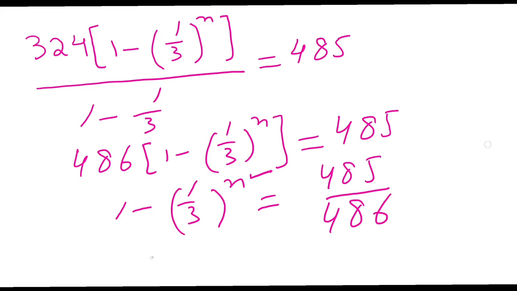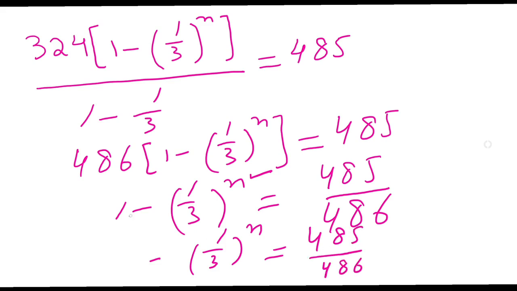So first of all, my subject of the formula is n. So negative 1 over 3 power n and 485 over 486, positive 1 become negative 1 when I pull over this side. This is the one option.